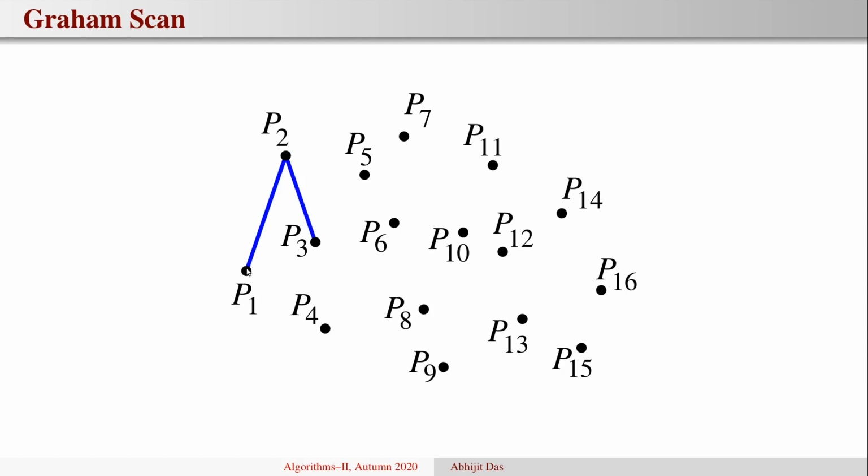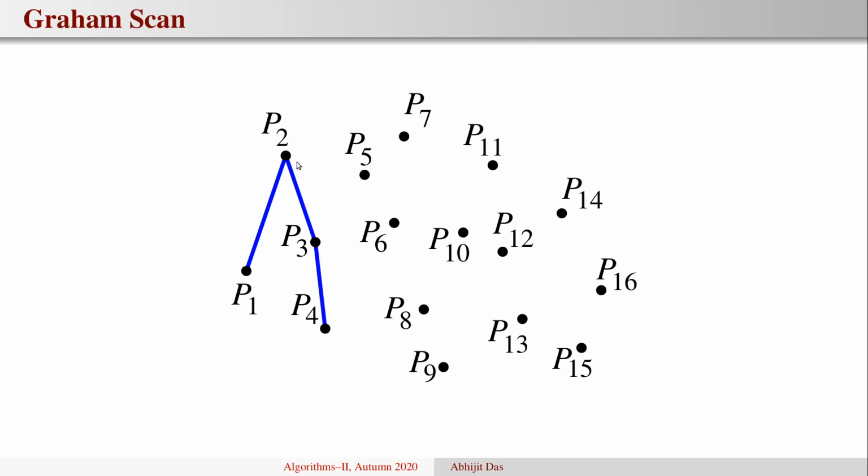This is just the element before the top of the stack, below the top of the stack. So now you see that this angle, or this turn, is right. So P3, let it stay. And the stack becomes P1, P2, P3. You have just pushed P3. In the next iteration, you handle P4. Okay.